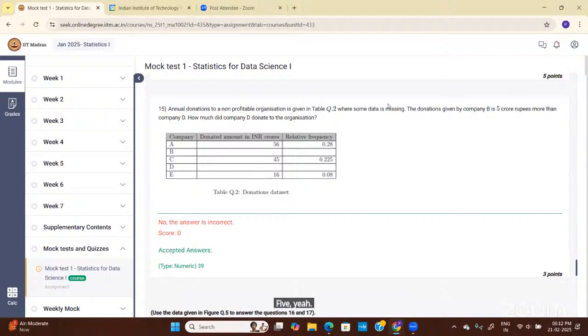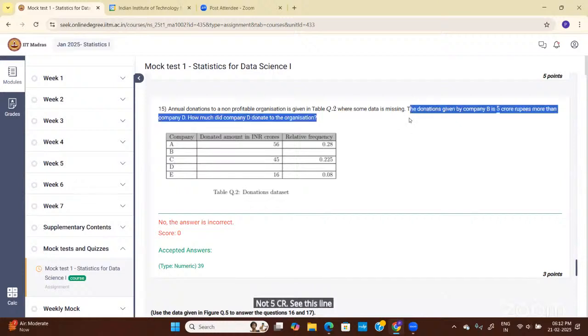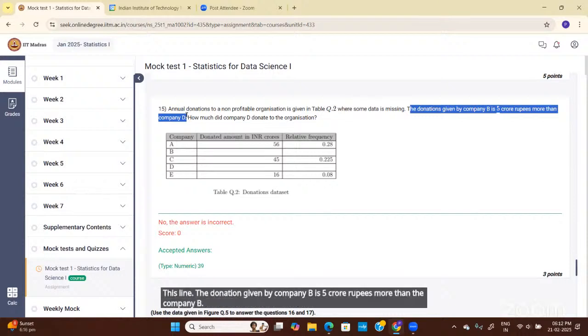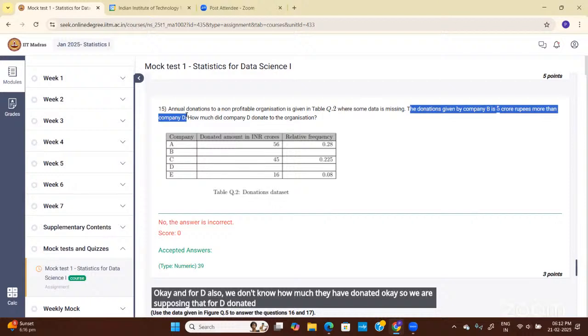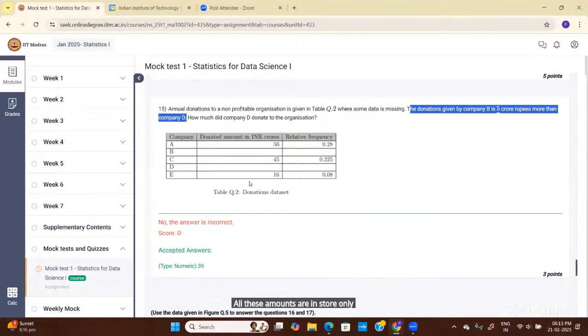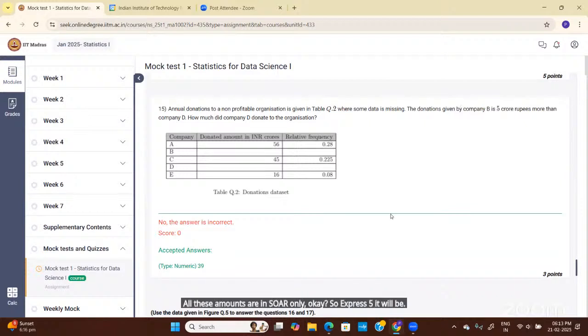It's 5 crore more than company D. Read this line carefully: the donation given by company B is 5 crore rupees more than company D. For D also, we don't know how much they have donated. So we suppose that for D, the donated amount is x. Then for B, it will be x plus 5. All these amounts are in crore only. So x plus 5 it will be.